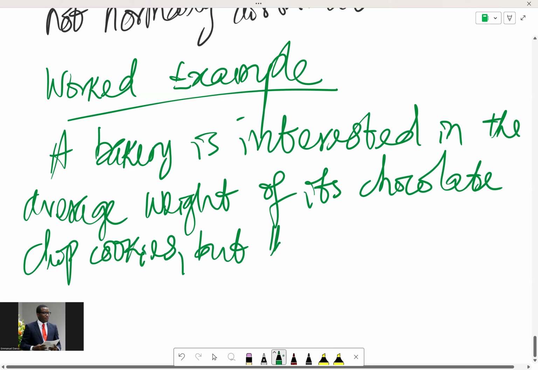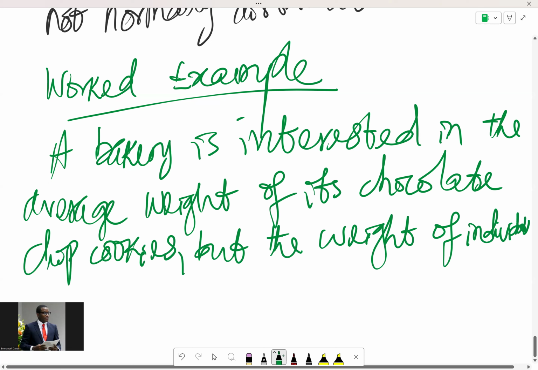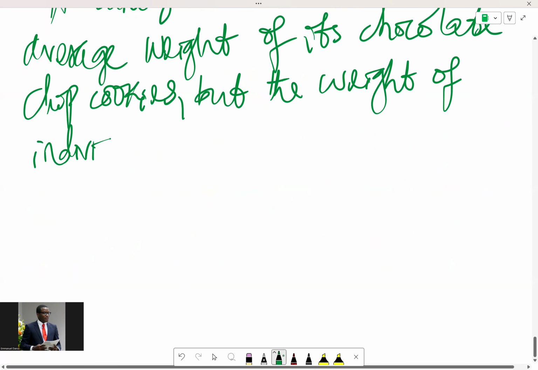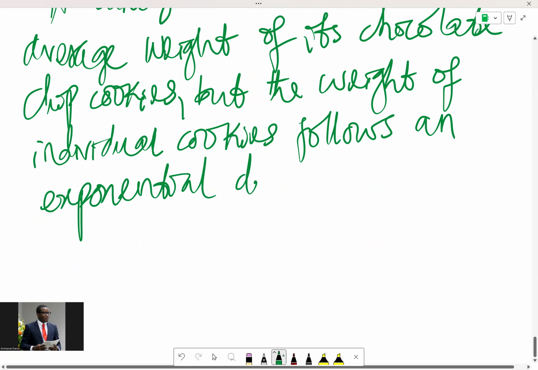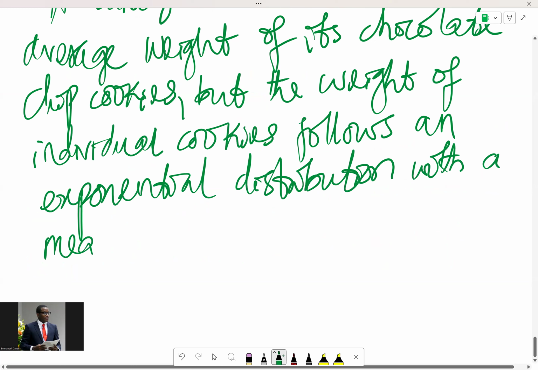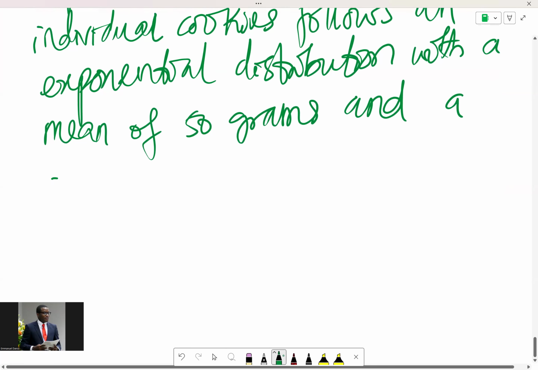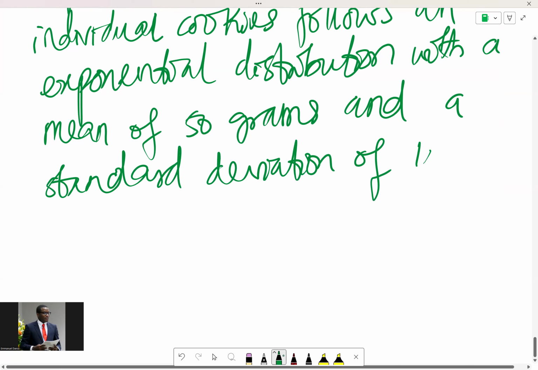but the weight of individual cookies follows an exponential distribution, with a mean of 50 grams and a standard deviation of 10 grams.